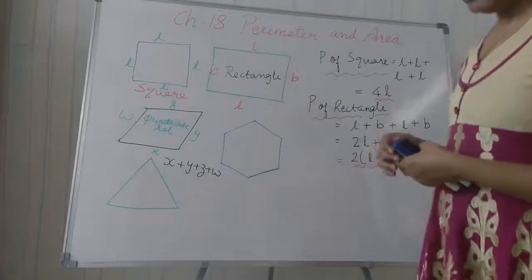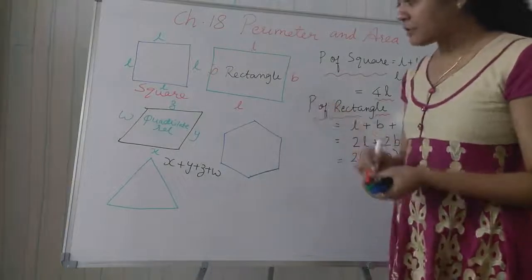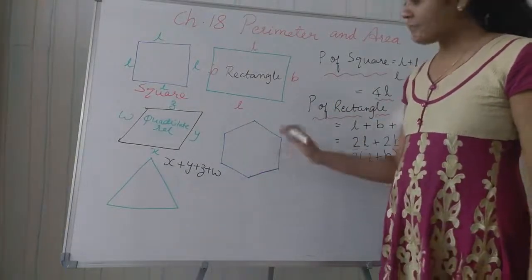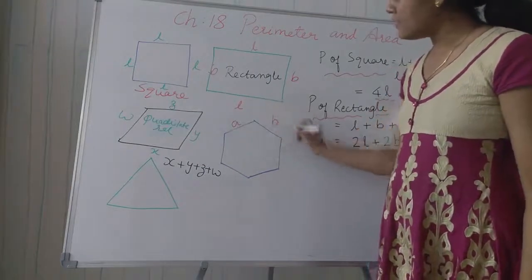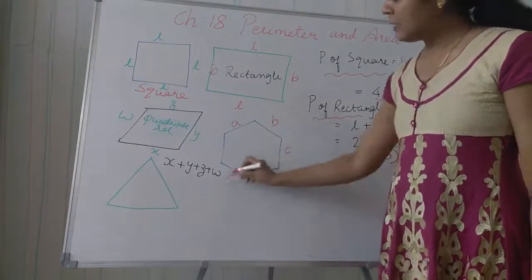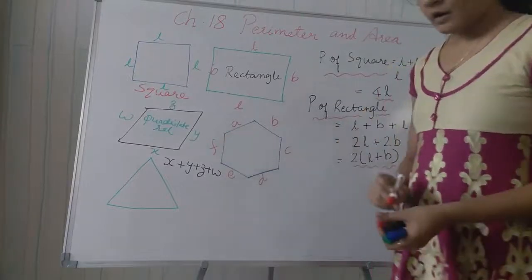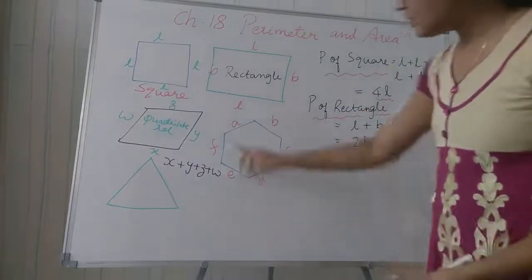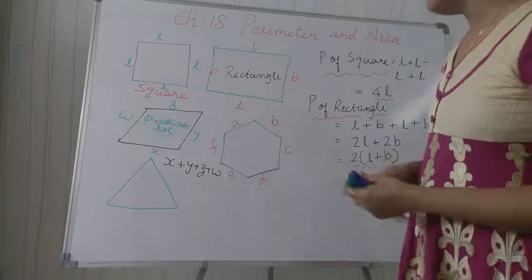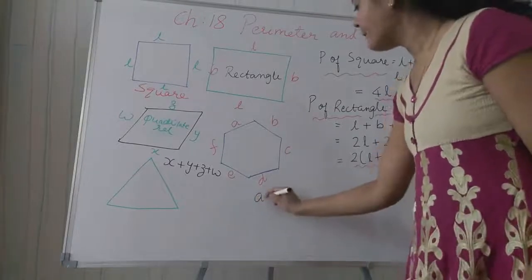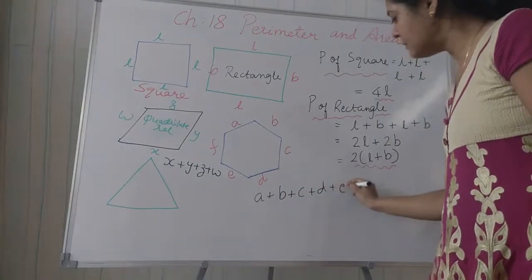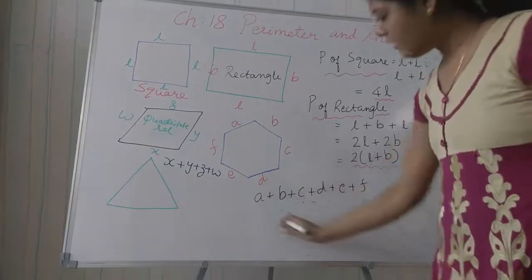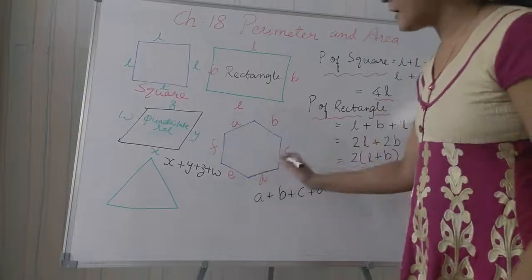Similarly, this is hexagon. Suppose the sides are A, B, C, D, E and F. We add all these boundary lines and get A plus B plus C plus D plus E plus F. This is the perimeter of hexagon.